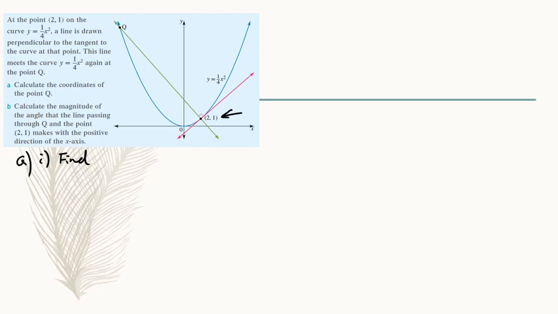But if you think about the slide before, the perpendicular gradient is -1 over m, and we don't need to know the full tangent to find the gradient of the perpendicular line. So this shouldn't really say find the tangent, it should really say find gradient of tangent.